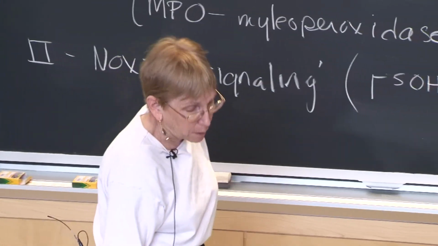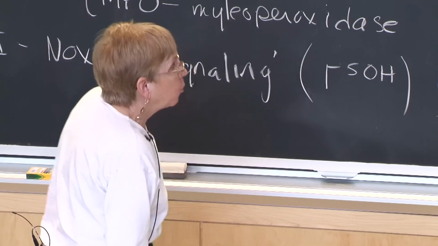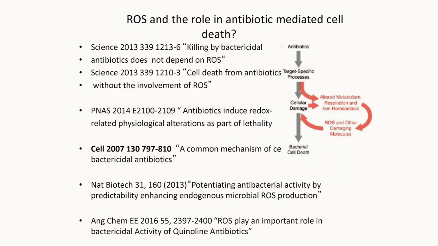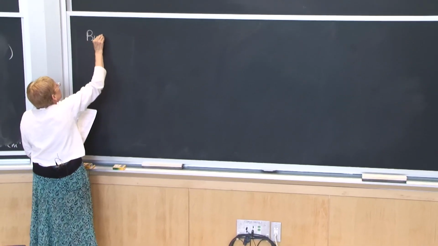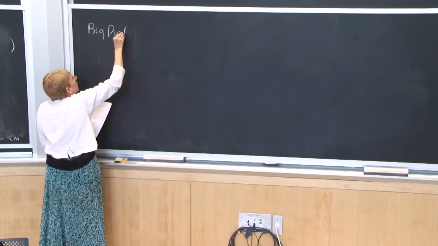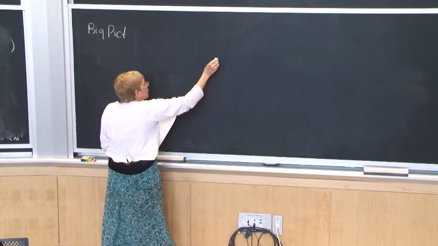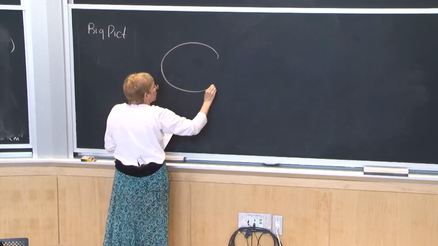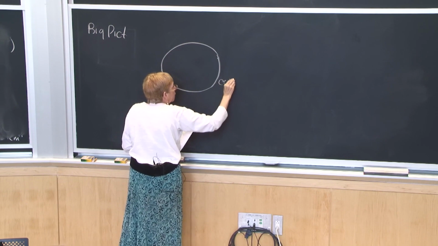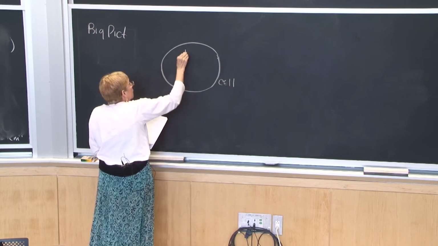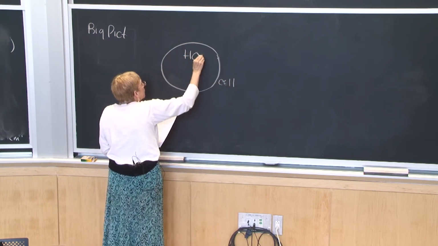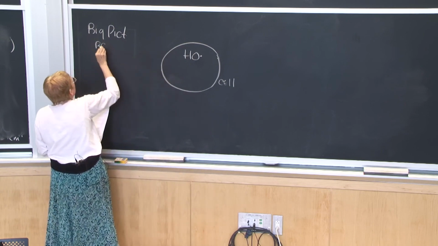It's really complicated. Okay. So what I want to do before I get to this slide is give you the big picture. This is the take-home message. So here we have a cell, and in the cell, we have reactive oxygen species.